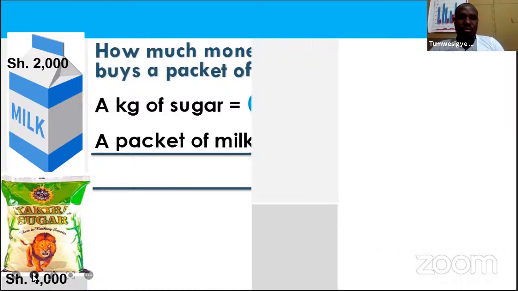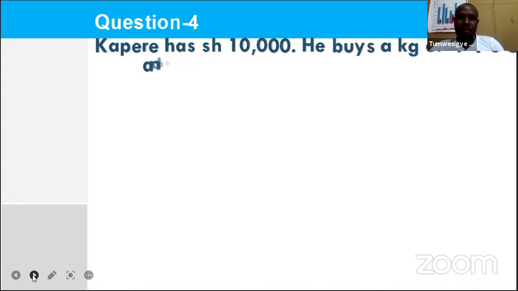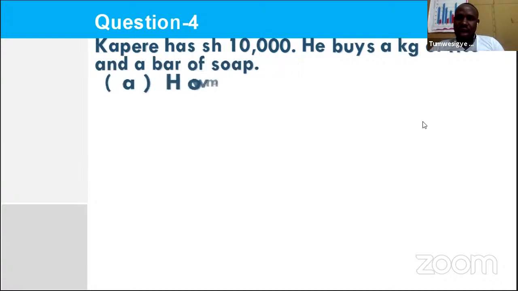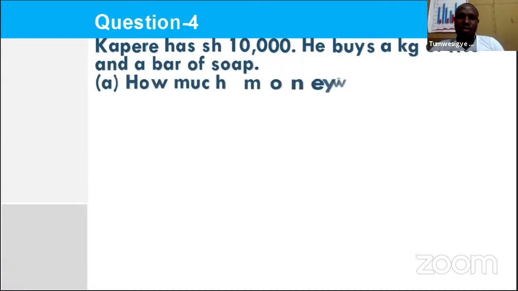Let's go to our next question, and it is here. Our next question is asking a very simple one. Question 4. It has brought a name. Kapere has 10,000 shillings. He buys a kilogram of rice and a bar of soap.